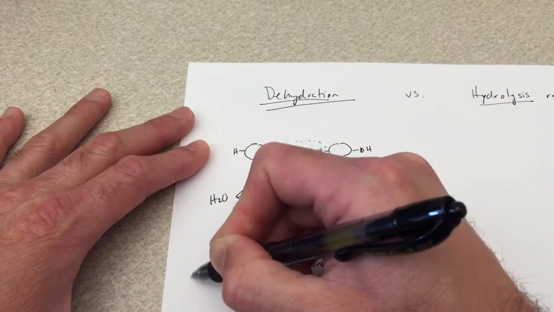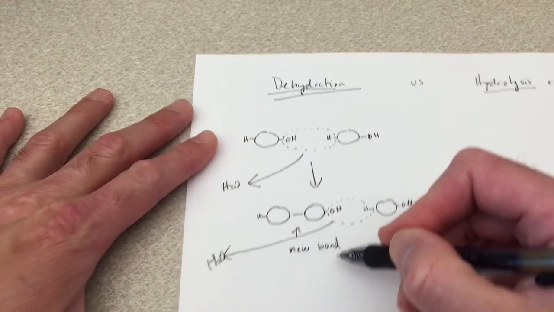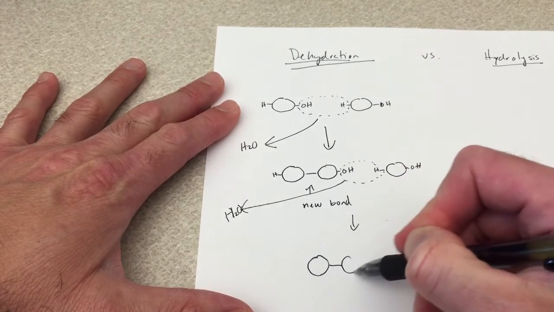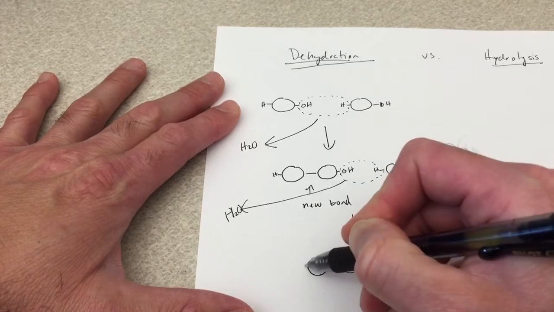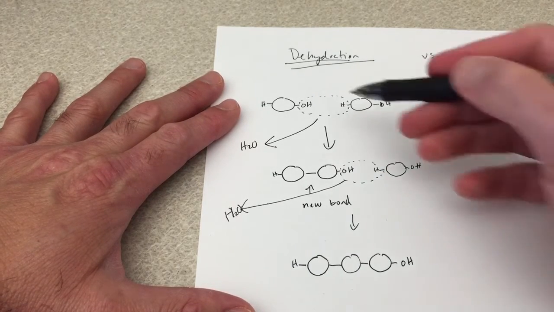Where water goes away. Oops. And now we have a polymer that has 1, 2, and 3 monomers in length. Okay, so that's dehydration.